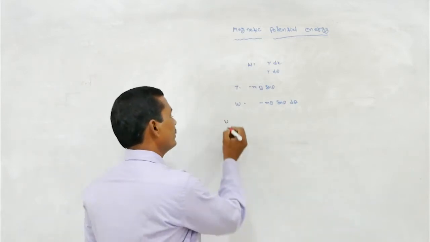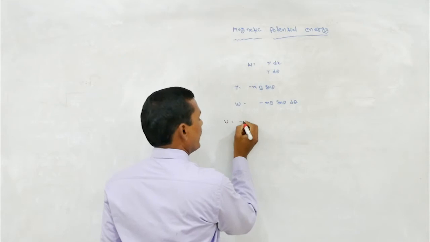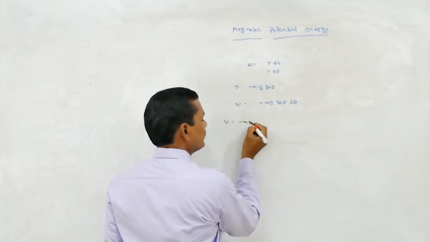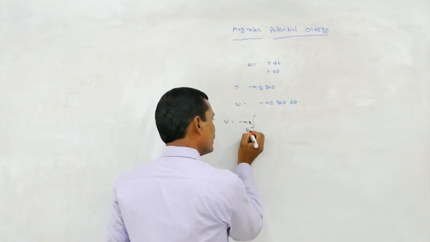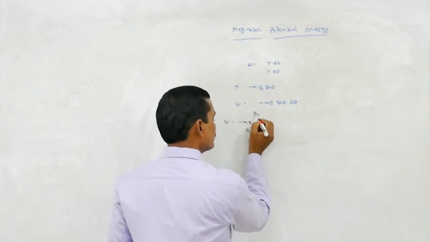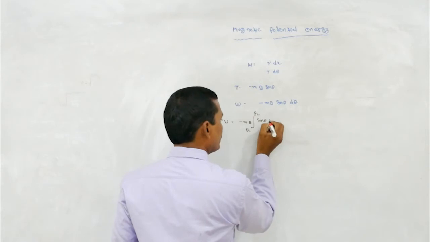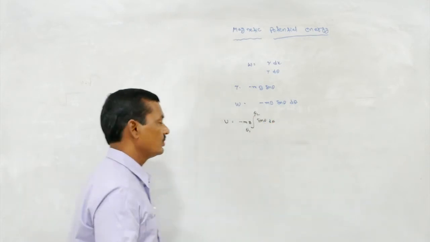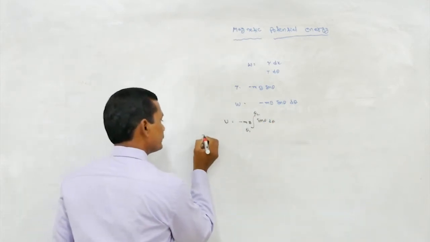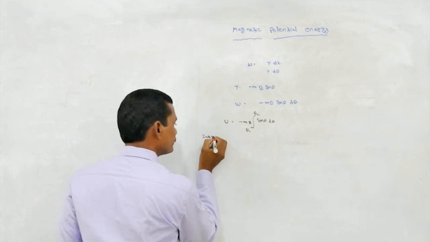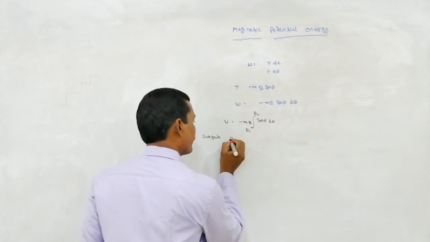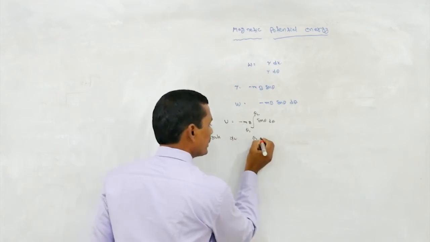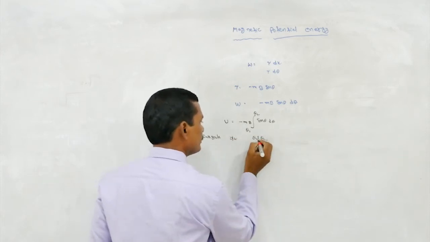U equal to minus mb, integrate with limits theta 1 to theta 2, sin theta d theta. So, integrate between limits theta 1 and theta 2.